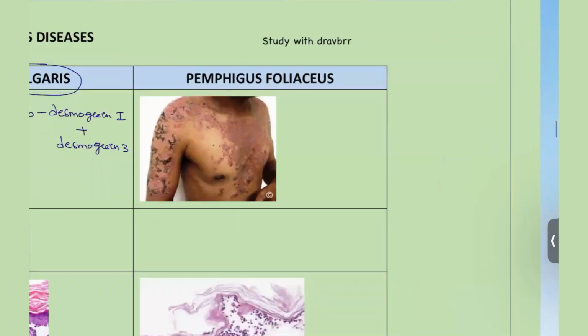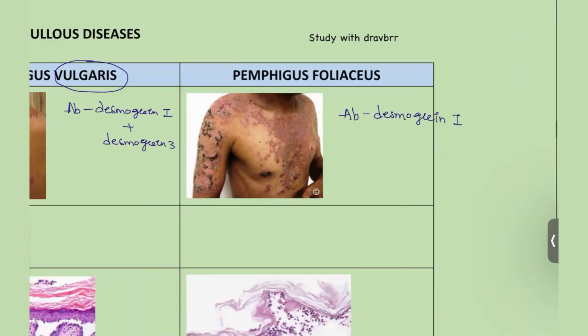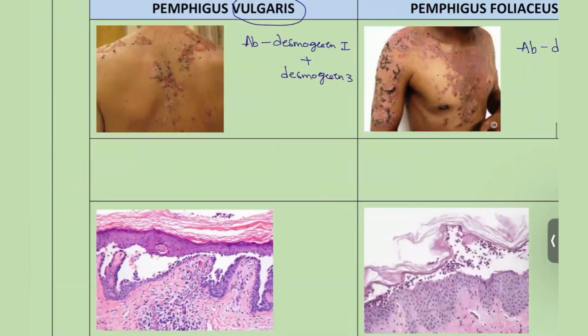Whereas in pemphigus foliaceus, the antibodies involve only desmoglein 1. Pemphigus vulgaris causes flaccid bullae, which rupture easily. It also involves the mucosa, so oral lesions will also be present in this patient.